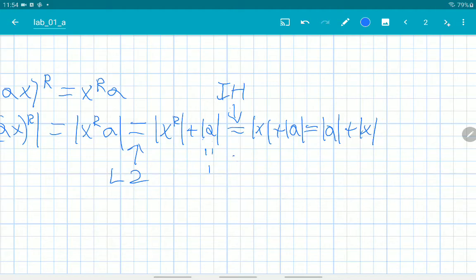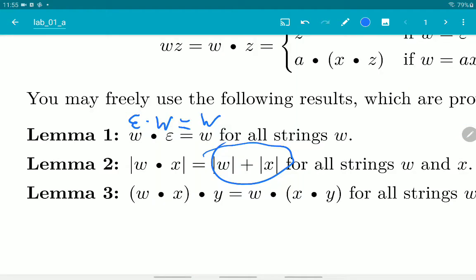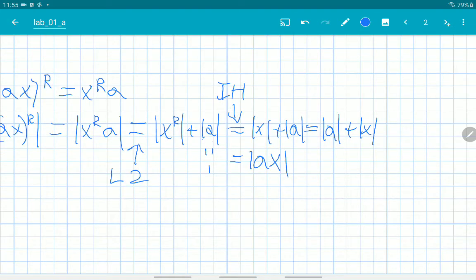And the length of a plus x is the length of the string ax. Here I'm again using the length operator, essentially this, except that I reversed a and x when I used it, but it's still by lemma 2. I'm just using it now in the other direction. So this is still lemma 2.